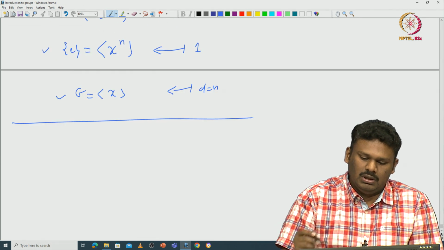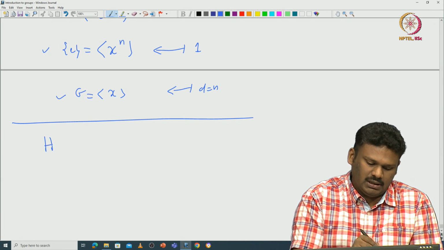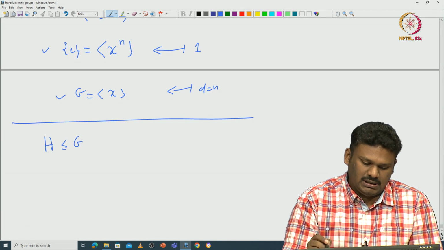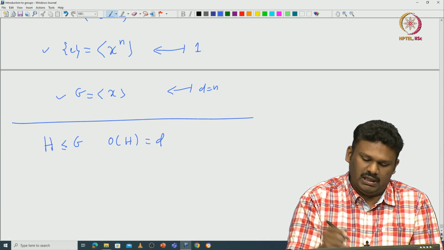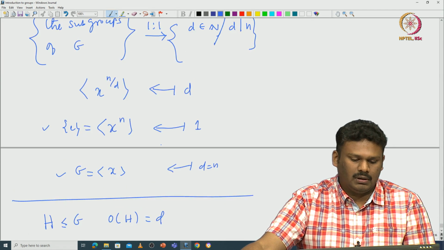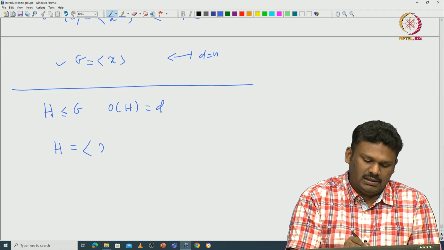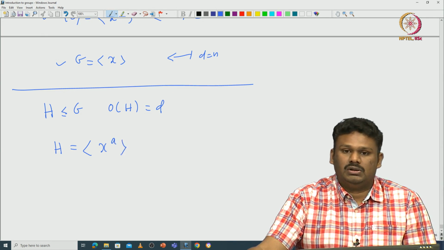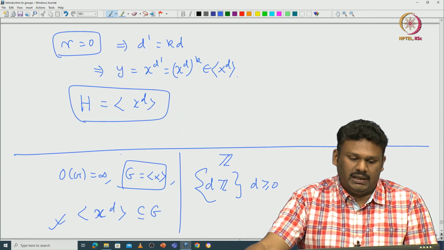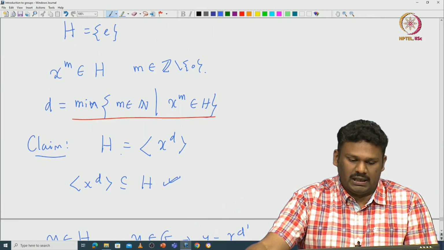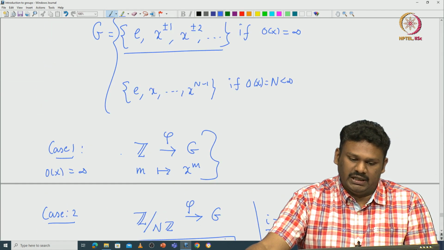Okay. So, take two subgroups. So, we will start with a subgroup, let us say H of G such that order of H is D. Okay. So, definitely this H is generated by some x power a. We just saw from the earlier theorem that any subgroup of a cyclic group must be cyclic, and we also picked one particular generator.